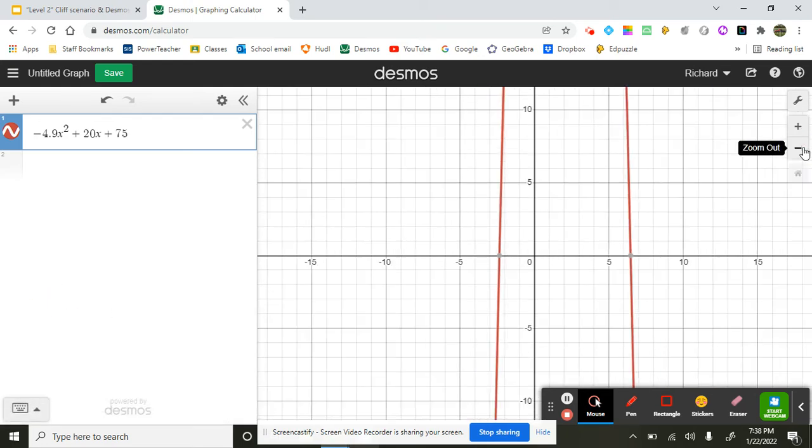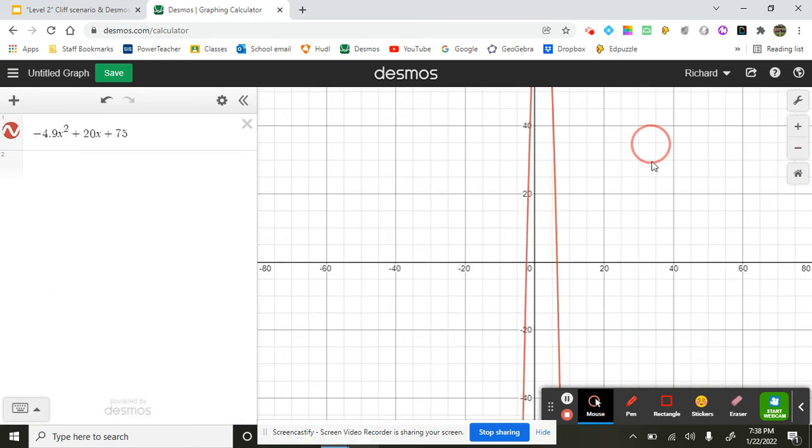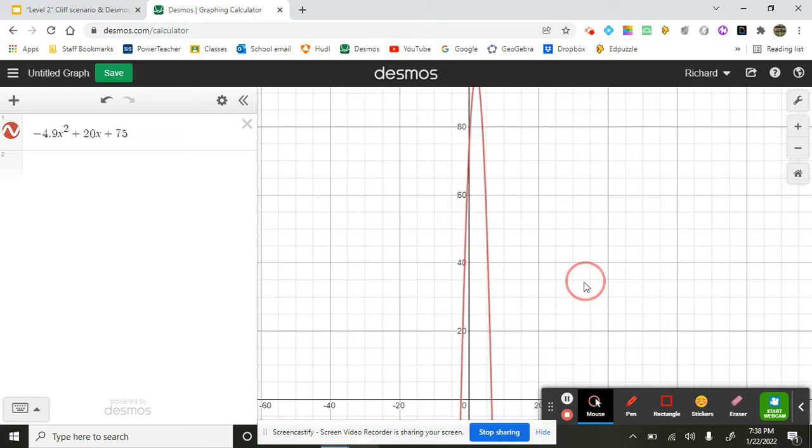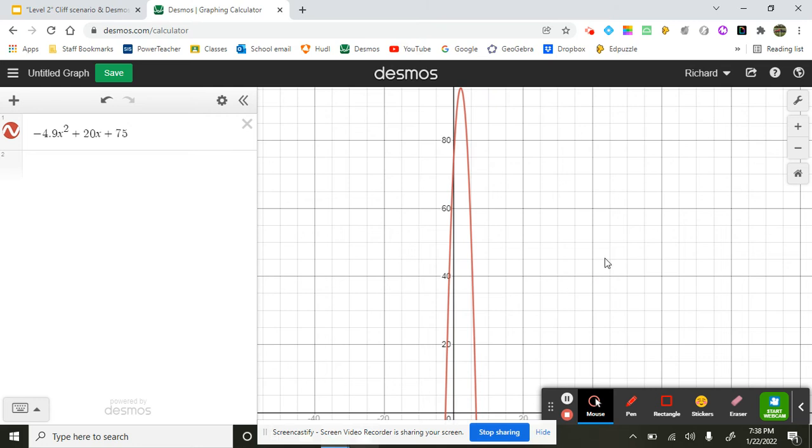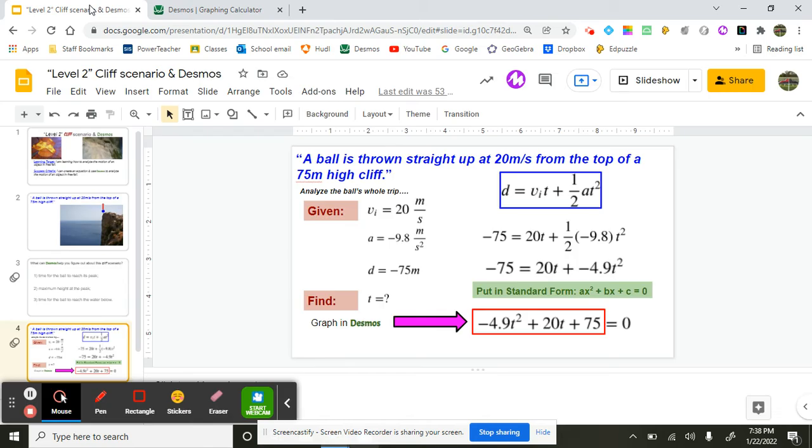Now from here, if we zoom out, we have a parabola showing the motion of this ball throughout its flight. There are some critical points that you can get off of this graph. Again, if you go back to the equation, d equals v_i t plus 1/2 a t squared, the ball's displacement is expressed as a function of the time that it's in the air.